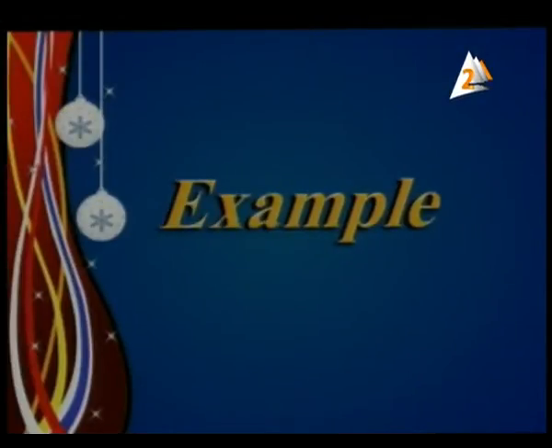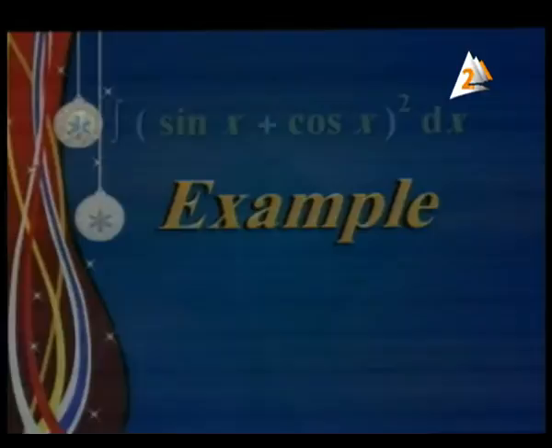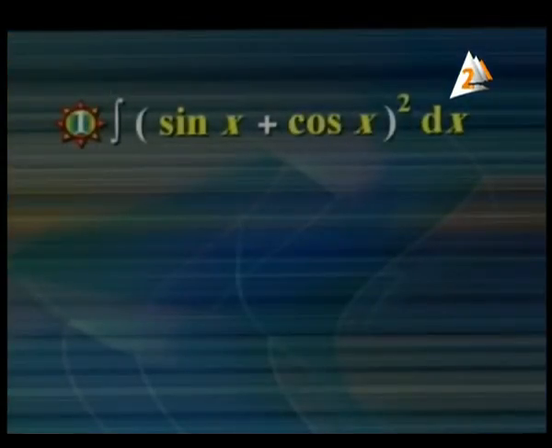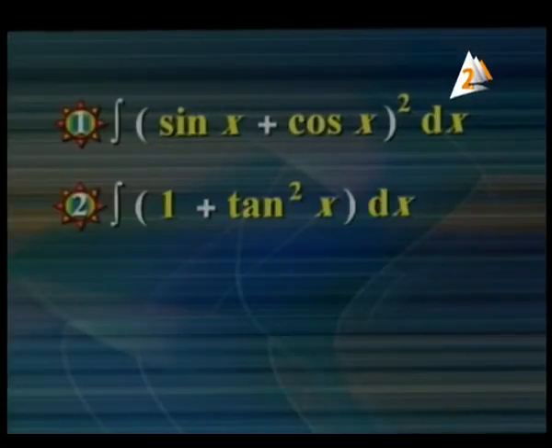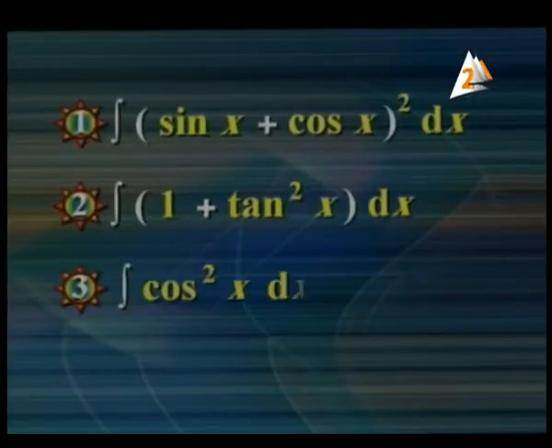Dear student, look at another example. Number 1, what is the integration of bracket contains sine x plus cosine x, all to the power 2, with respect to dx? Number 2, what is the integration of bracket contains 1 plus tan squared x dx? Number 3, what is the integration of cosine square x dx?